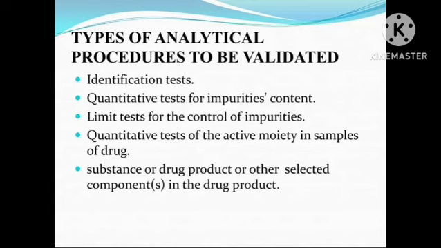It determines the elemental composition of a sample, which can help identify the presence of specific elements. Microbiological testing is also an identification test. It identifies and counts microorganisms present in the product, ensuring it is free from harmful bacteria or fungi. Next one, assays. These tests measure the amount of the active ingredient or other components in a sample.